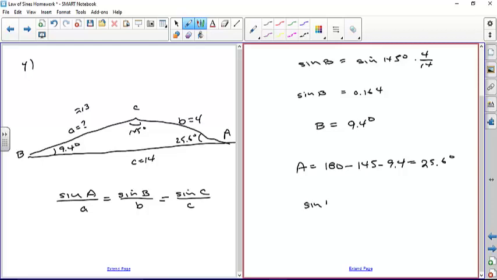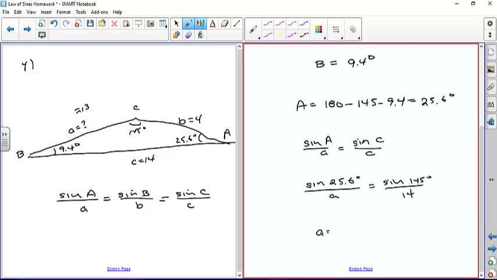The sine of A over A is equal to the sine of C over C. So let's plug them in. Again, I'm not going to do it algebraically. So we have the sine of 25.6 degrees divided by the unknown length A is equal to the sine of 145 divided by 14.